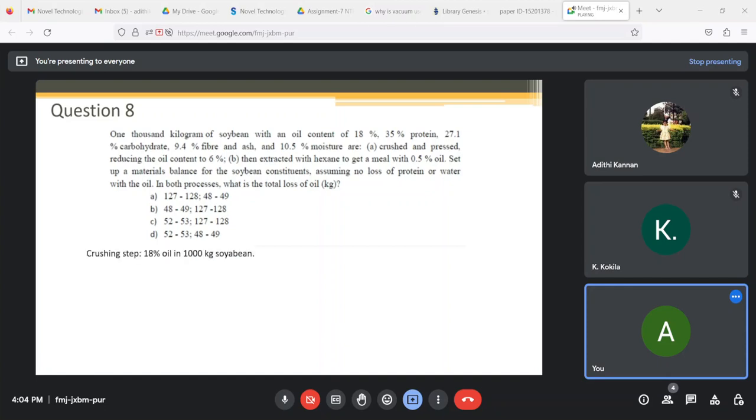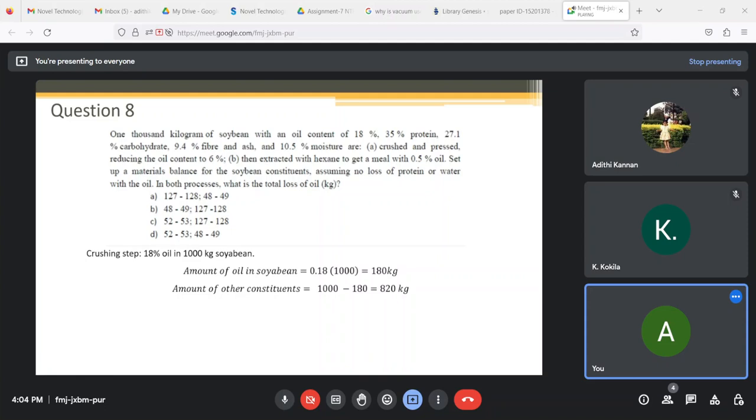So the crushing step has 18% oil in 1000 kgs of soybean seeds. The amount of oil in soybean is 18% of 1000 kgs, which is 0.18 into 1000, which is 180 kgs. So you have oil and you have the constituents other than oil.